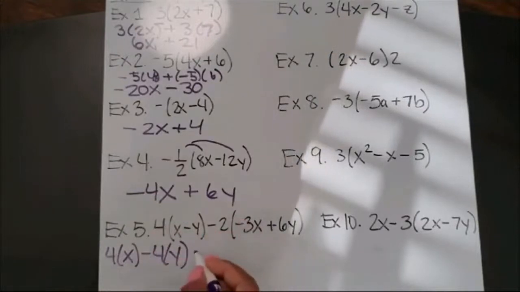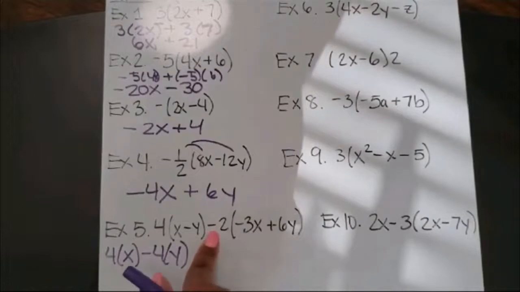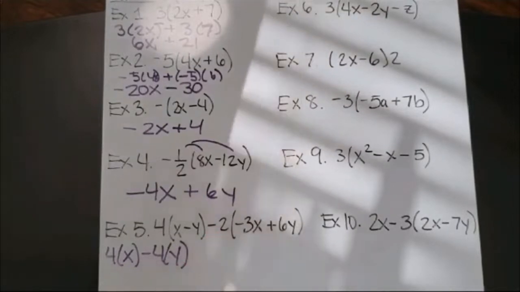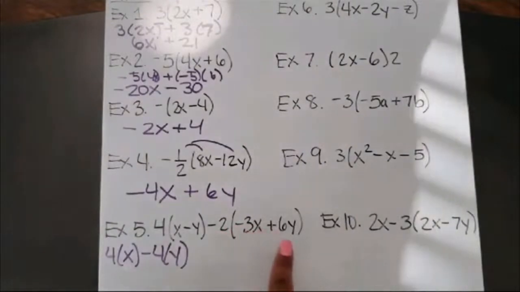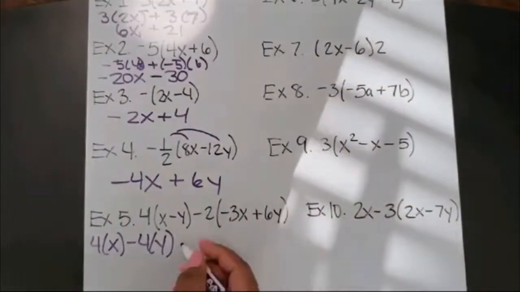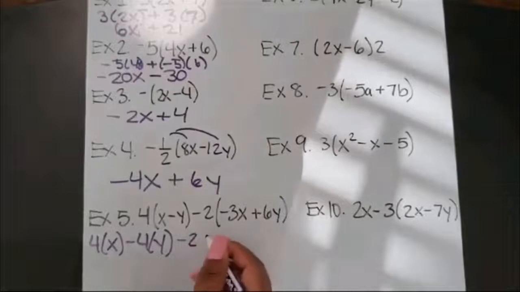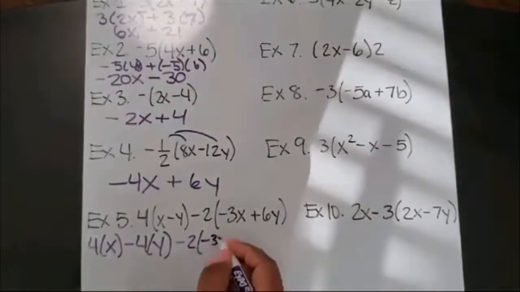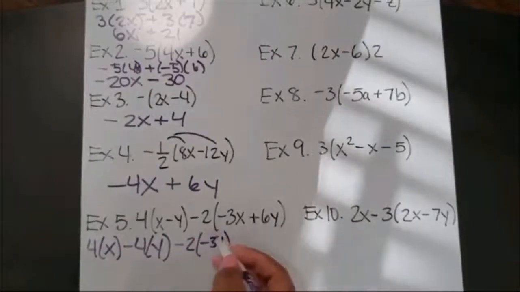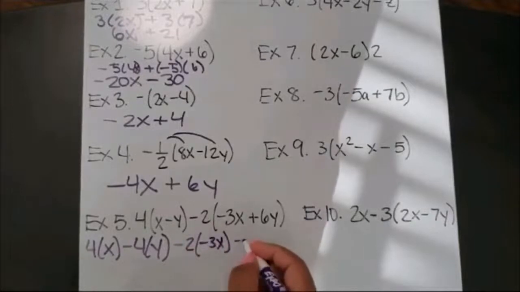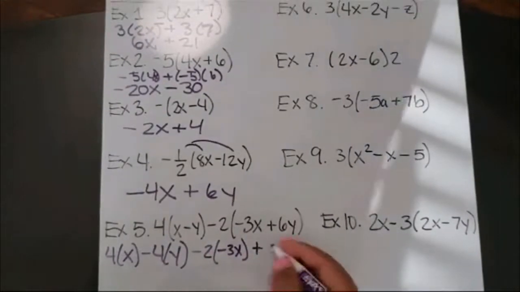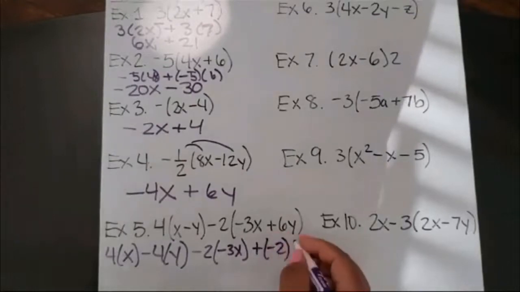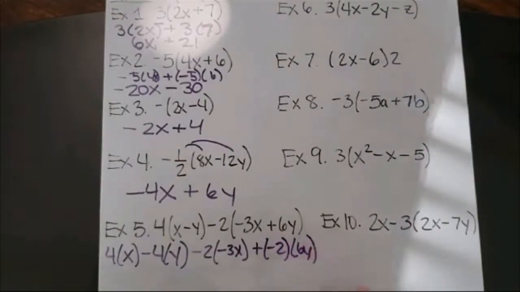Then we have this negative 2. It's going to have to be multiplied by this term and this term. So we have negative 2 times negative 3x, and then I'm going to keep that plus sign, and I'm going to do negative 2 times 6y.